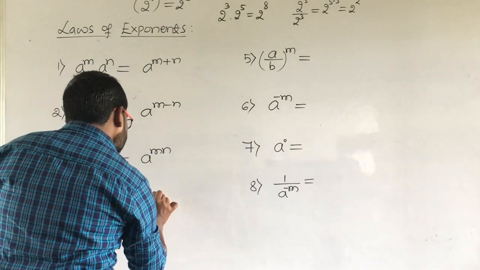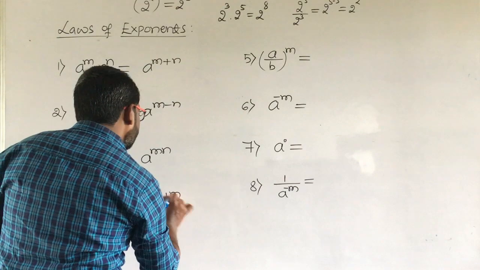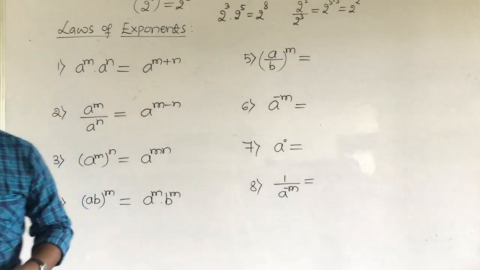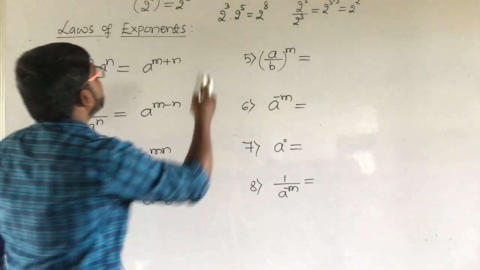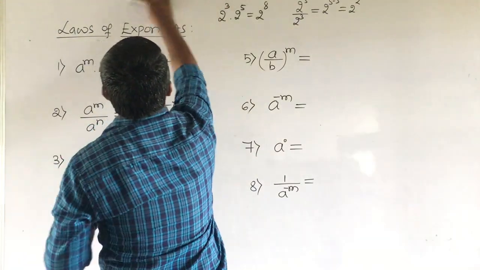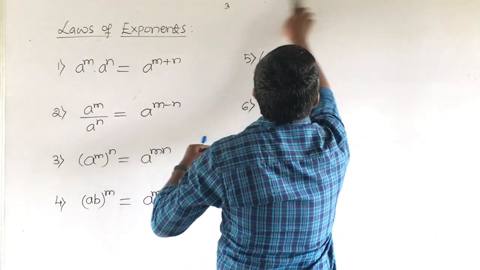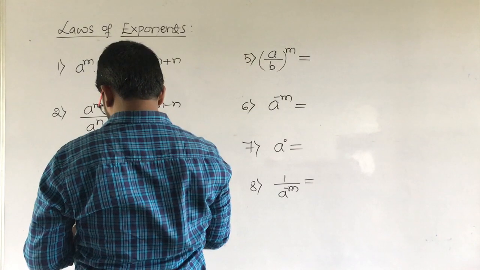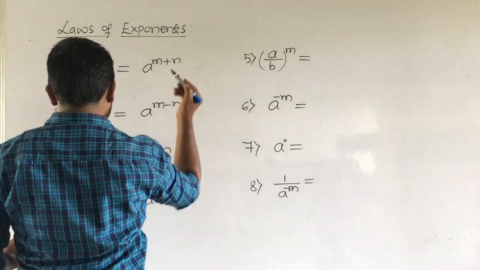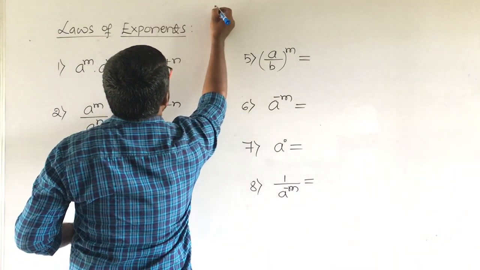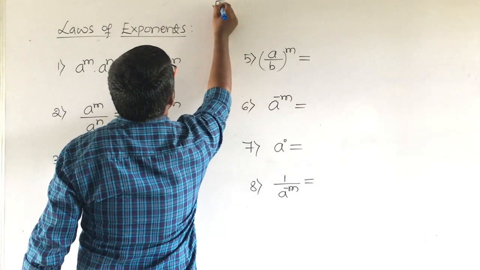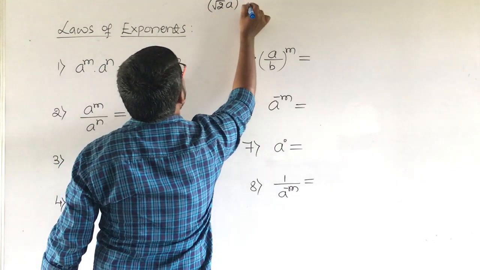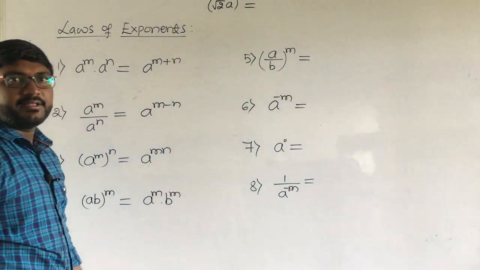Then next one, it is ab whole raised to m, which can be written as a raised to m into b raised to m. So here the power applies to the first term as well as to the second term. So the example for this can be root 2 a the whole square.